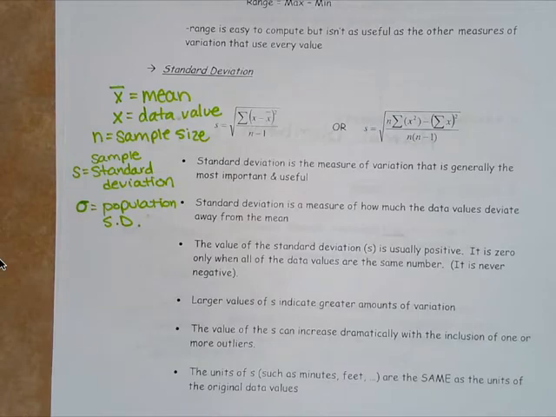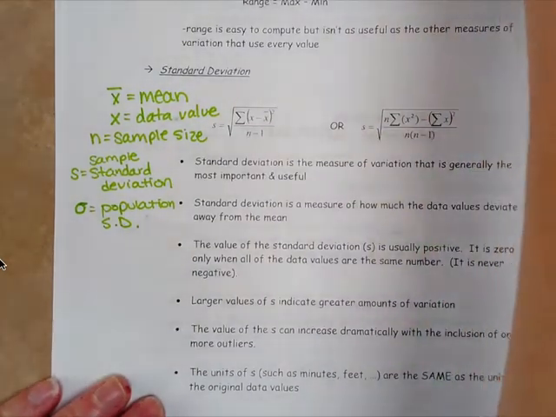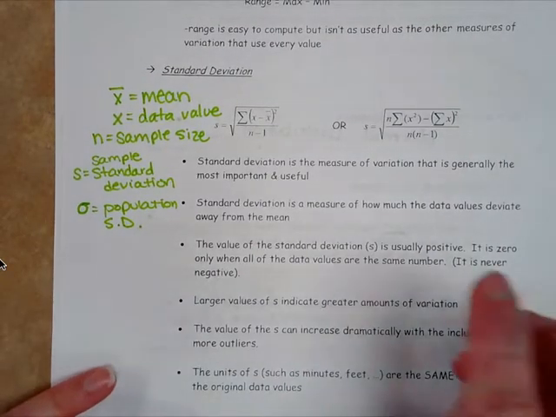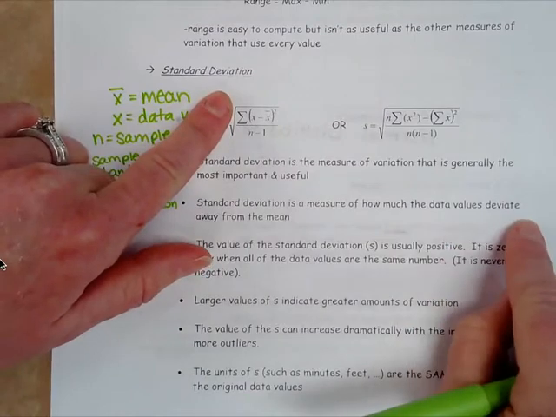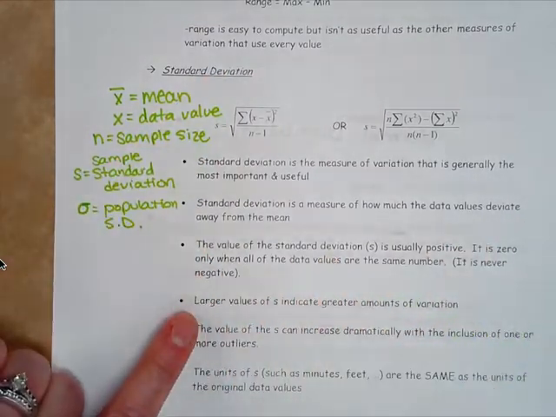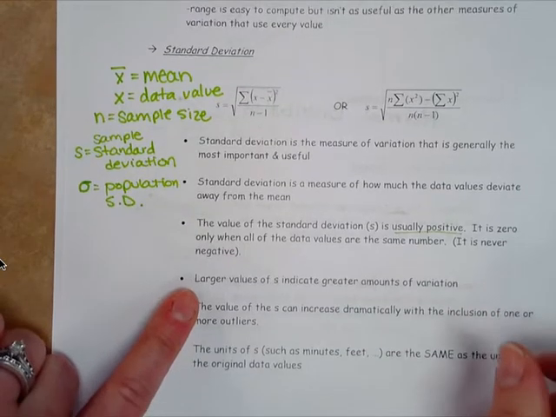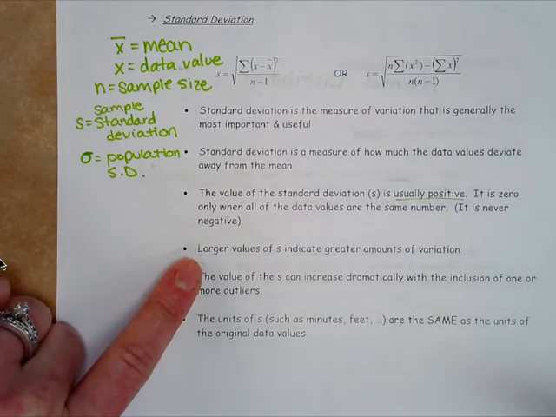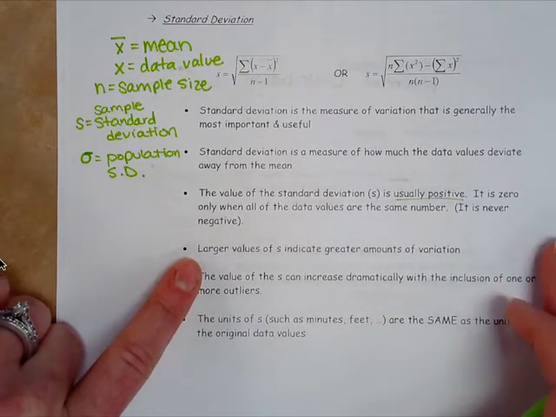It's useful to measure the variation. You want to measure how much the data values deviate away from the mean. So that's standard deviation. The value is usually positive. It is 0 only when all the data values are the exact same number, which is very rare.